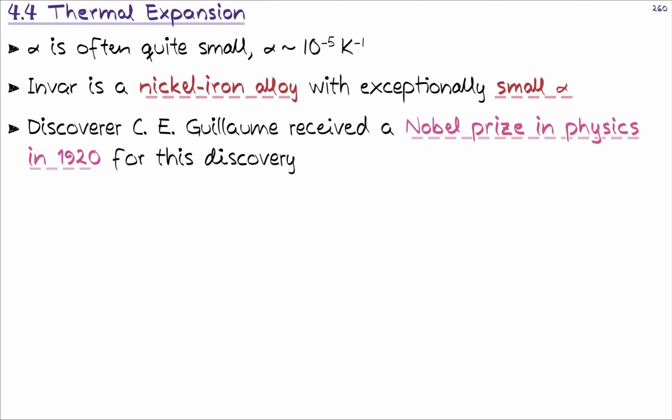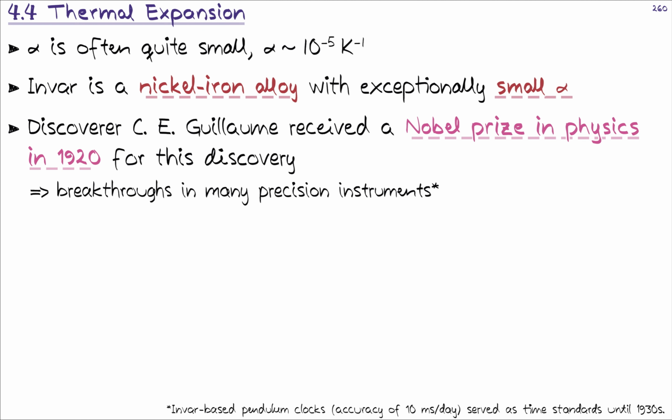And the reason why this finding was awarded a Nobel Prize was that it really led to many breakthroughs in many precision instruments. It was then possible to make more precise clocks than earlier.